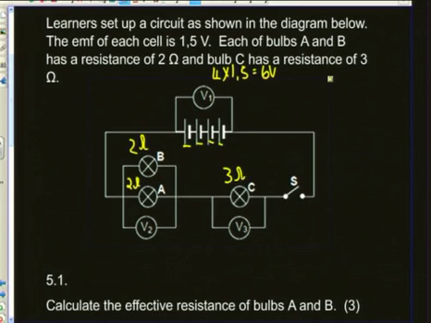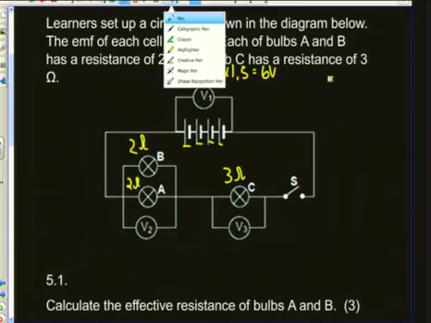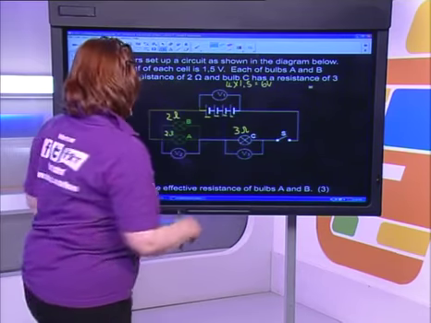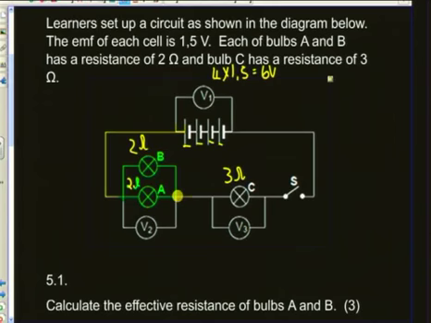We've got 3 voltmeters. Let's just have a look at how this is connected. Pretend that the switch is closed. If we take our highlighter, it gets to this point, it now splits, and it'll split evenly through A and B because both have the same resistance, so the current will just split in half between them, comes back together, and off it goes through the circuit.